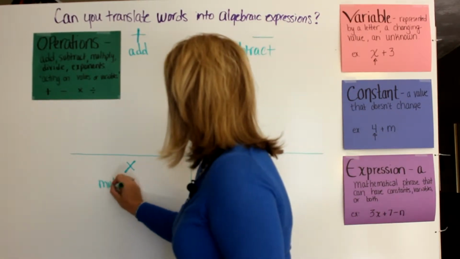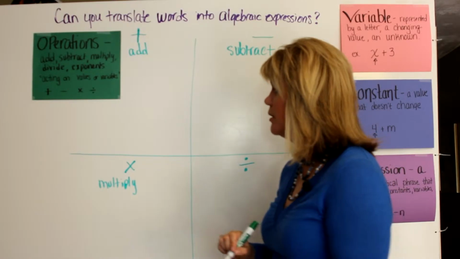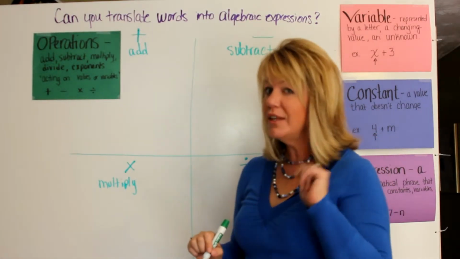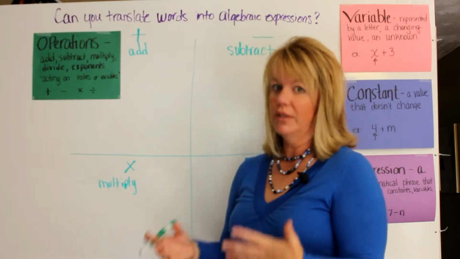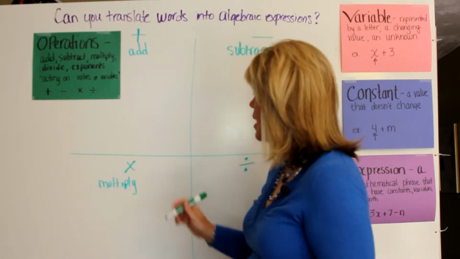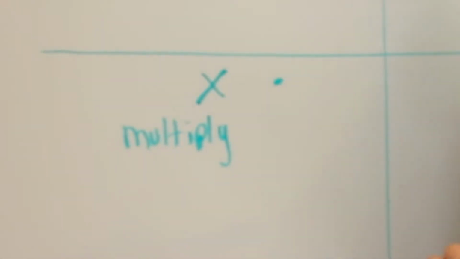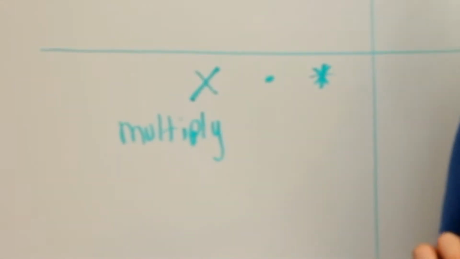You know that we have been talking about different symbols for multiplication, and this is one of the last times we're going to be using the letter X for multiplication. I think you know why, now that we've been talking about variables: this looks like the letter X, and we use letters for variables. So we might actually use a dot in the middle to represent multiplication. You might also see a star, like you would on a computer.